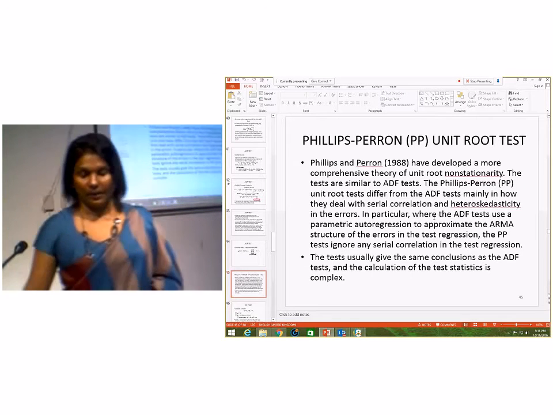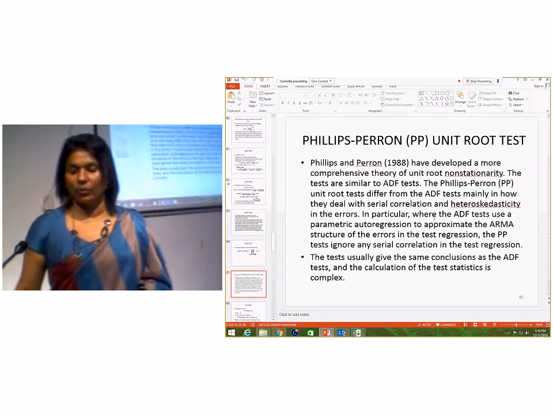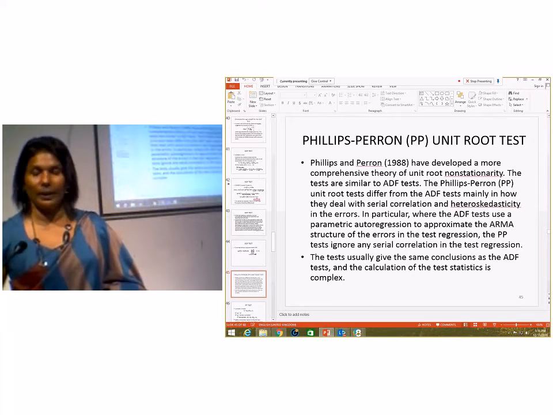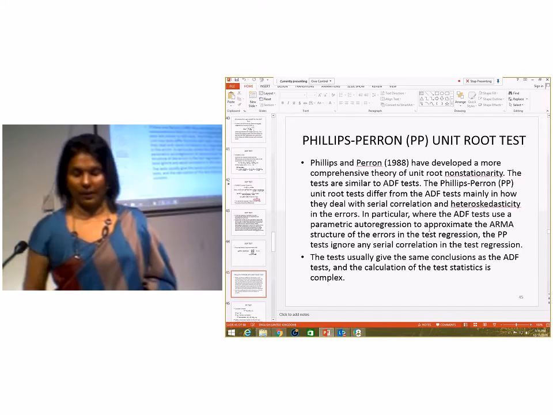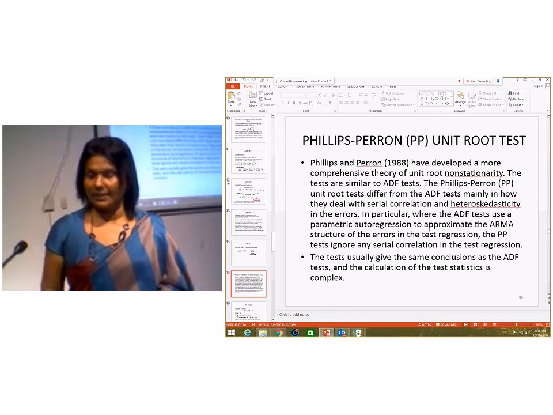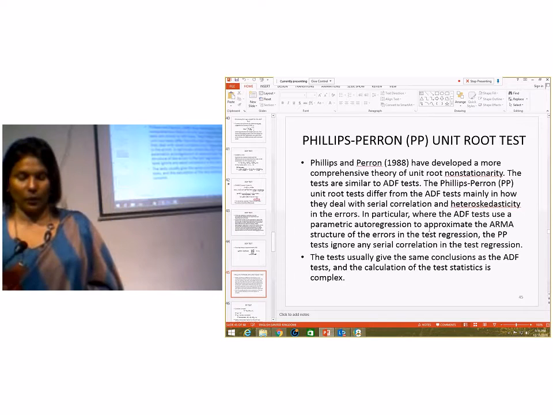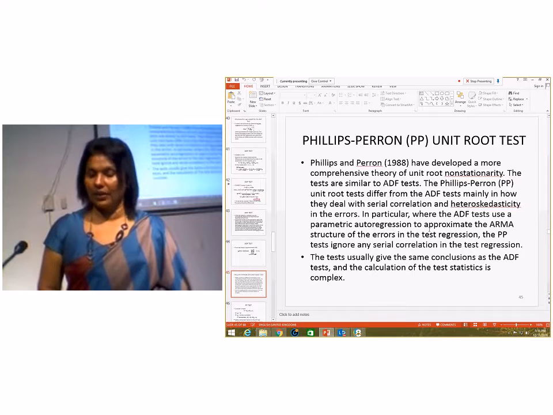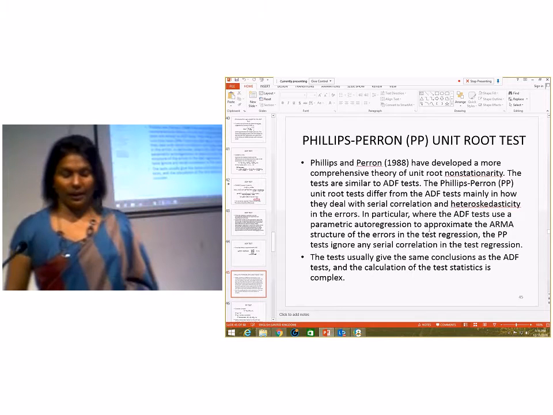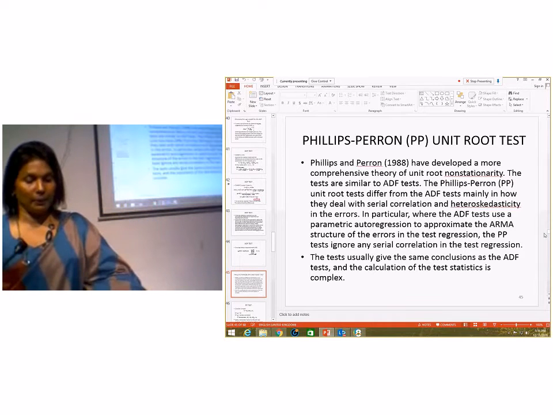In particular, where the augmented Dickey-Fuller test uses a parametric autoregression to approximate the ARMA, autoregressive moving average, structure of the errors in the test regression, the Phillips-Perron test ignores any serial correlation in the test regression.